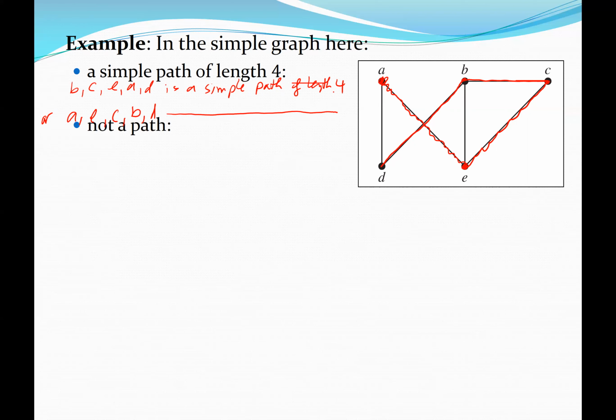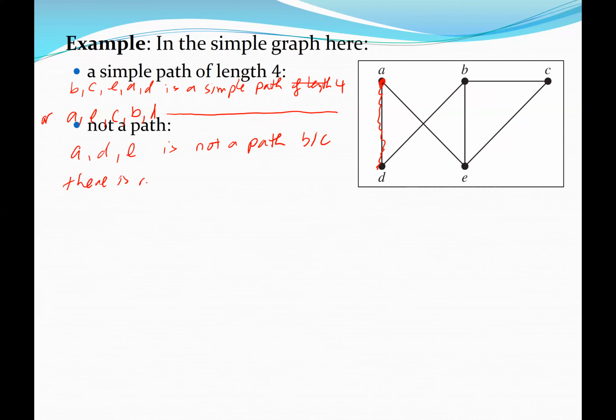Now, not a path means that you cannot have connectivity between those vertices. You can see here that A, D, E is not a path. Just one example, because you can go from A to D, but then what next?